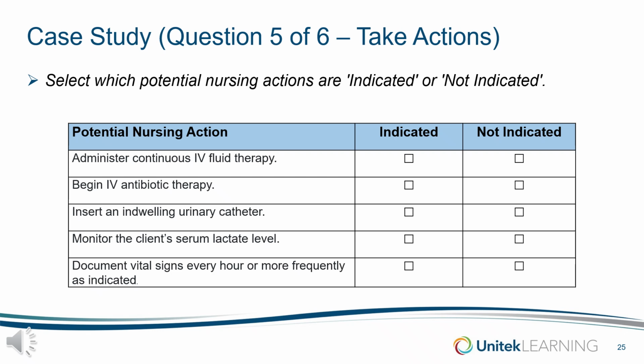Also, rewording the options of indicated to mean helpful options versus those of not indicated to mean those that are harmful. This can help you apply the clinical judgment needed to address this question.